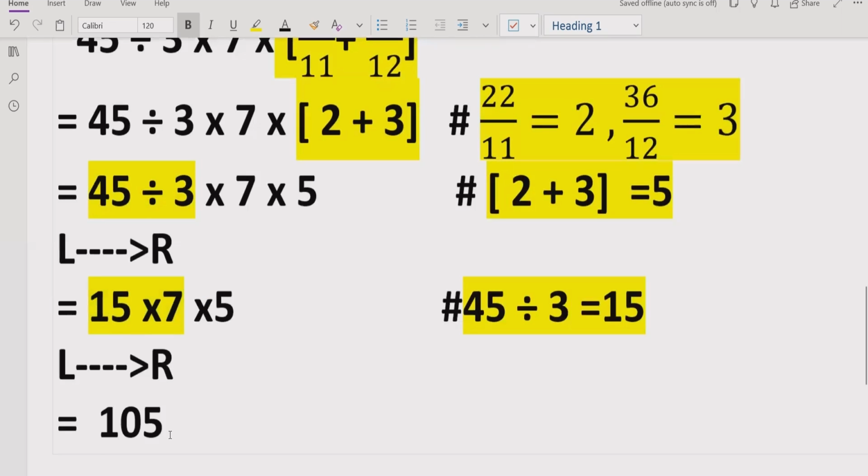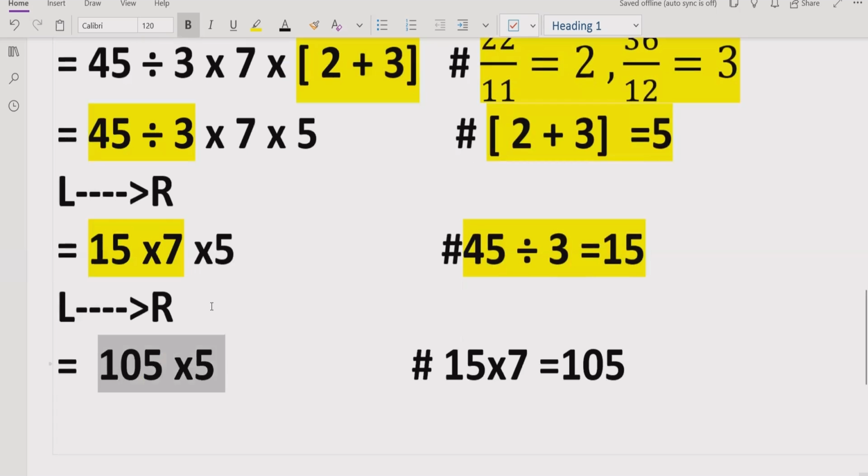So here we have 105 multiplied by 5. And here we will give the reference: 15 multiplied by 7 equals 105.